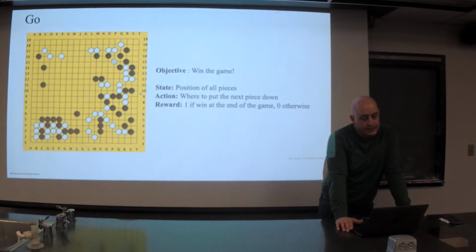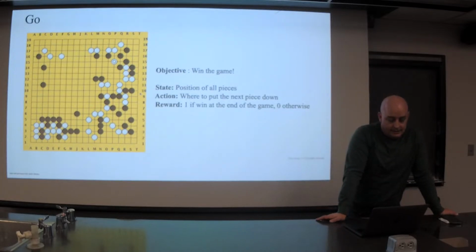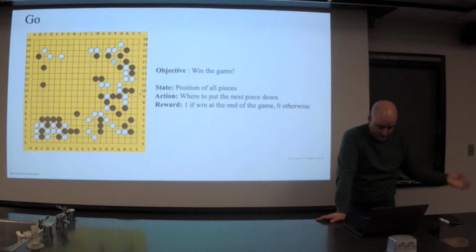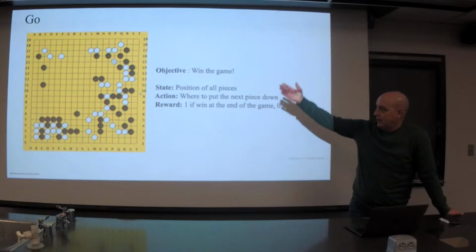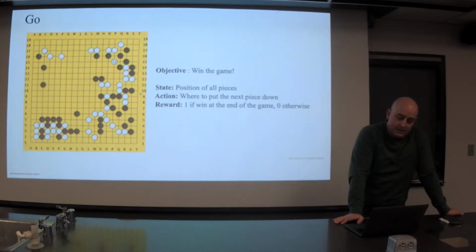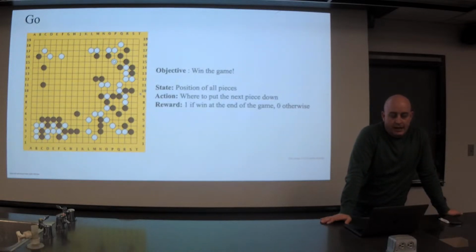Okay, Go. We talked about this at the beginning of the course. Games like chess, most board games with really recursive kinds of state spaces became a really important playground for reinforcement learning.